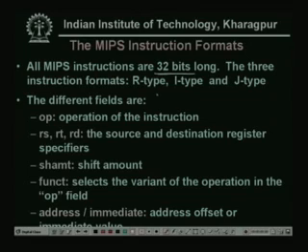The three instruction formats are R type, I type and J type. So, it supports three different instruction formats, and the different fields are: op, meaning the operation of the instruction, that is, which operation is being executed by the instruction. RS, RT, RD are the source and destination register specifiers.